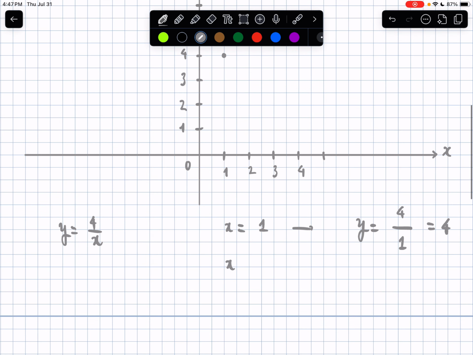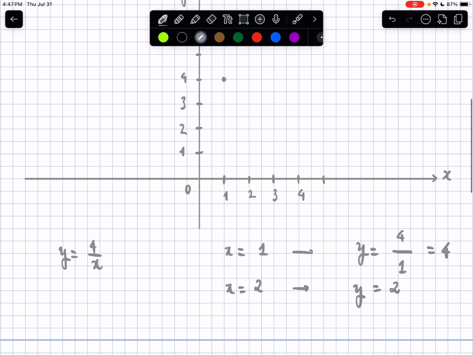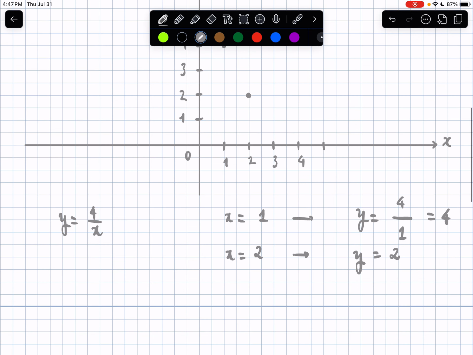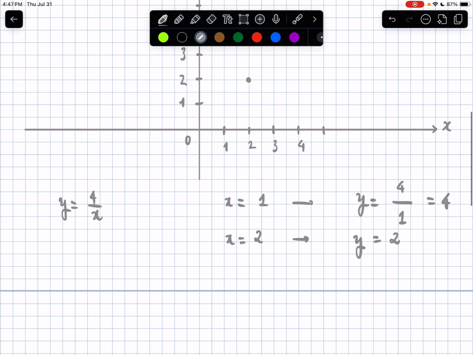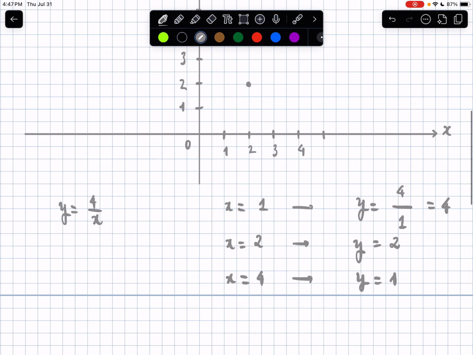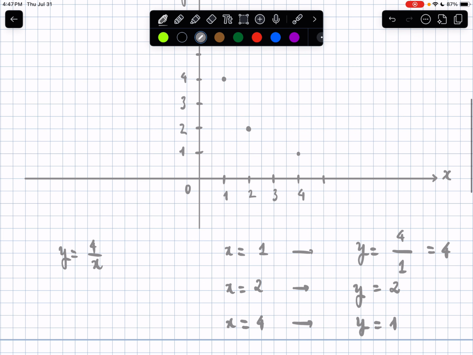Say x equal to 2, y is 4 divided by 2, so 2. That is this point. We have x equal to 3, so 4 divided by 3, and x equal to 4, we have 4 divided by 4, which is 1. So I think this is enough for us to graph.